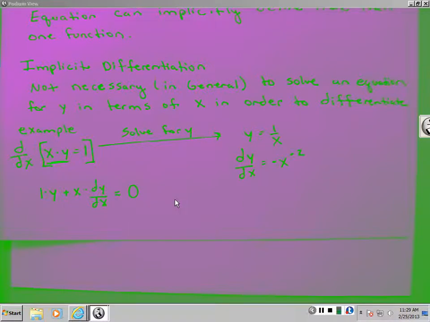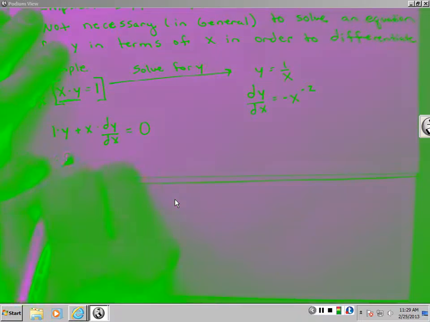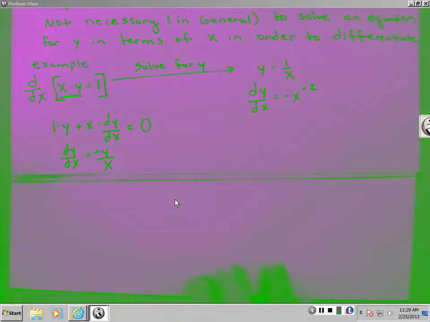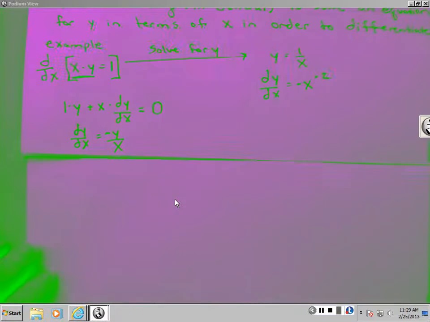So now if I solve for dy dx, what do I get? I get dy over dx equals minus y over x. Does anyone have any questions on how I did that? It's algebra, right?